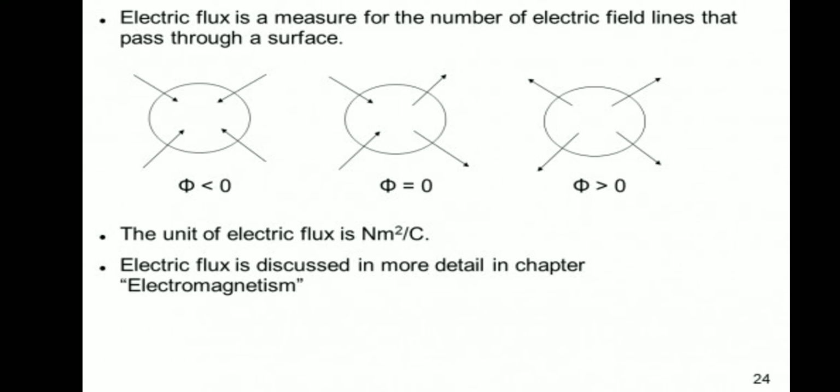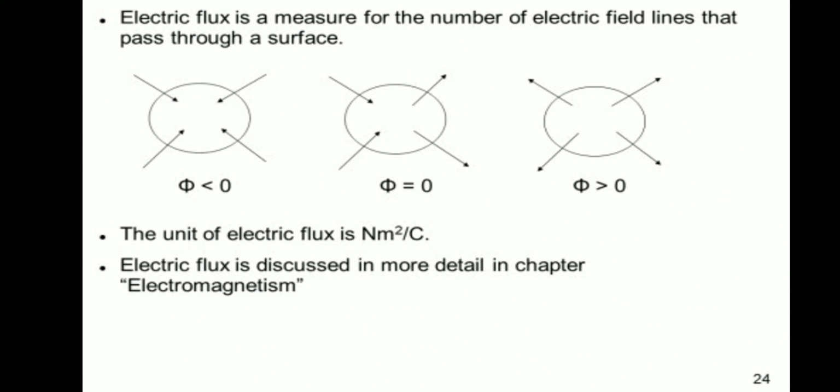Now look into the third figure. The electric field lines are coming out of it, they are leaving it. That means the charge is positive, that is Q is positive, and that indicates that flux will be greater than 0.